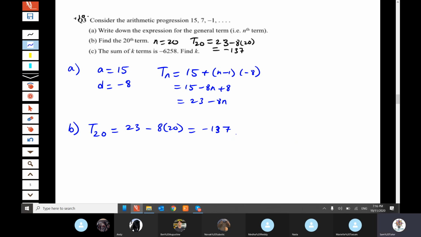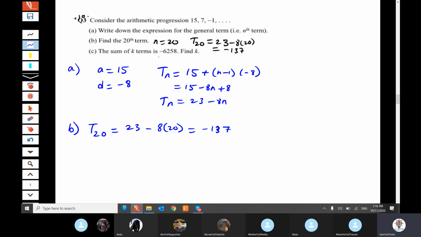Listen, all you're doing is T of n is this, right? If I'm telling you T of 20, you're just substituting n equals 20. F of x, f of 20. That's what you're doing. Instead of f's and functions, it's t's for terms. Literally the same thing.